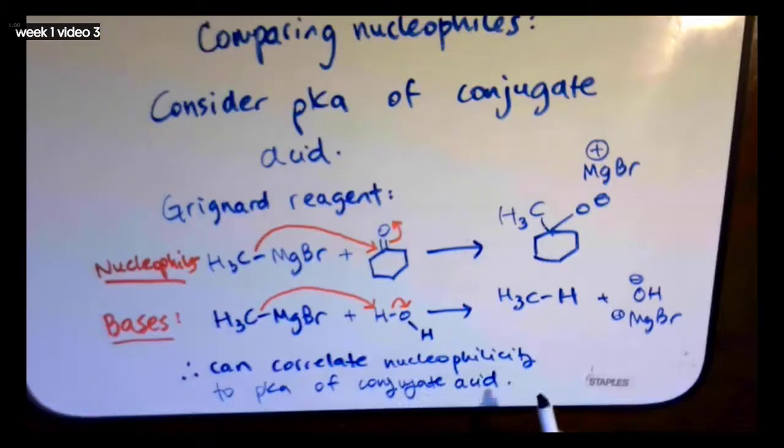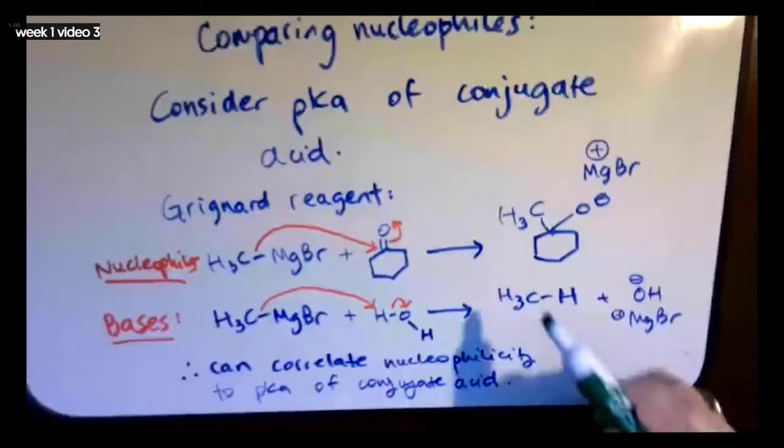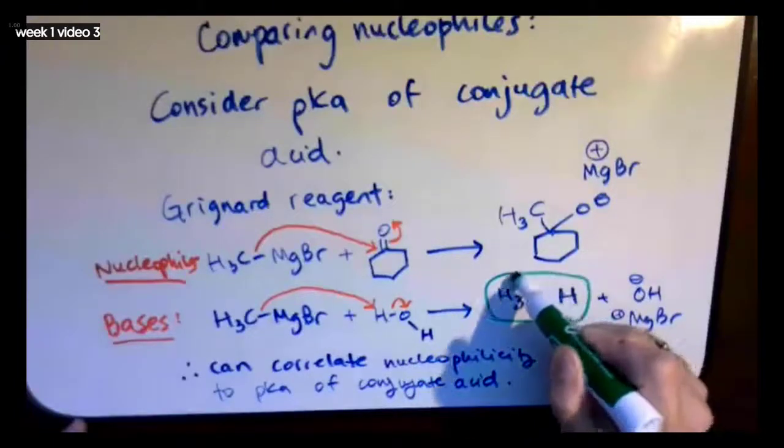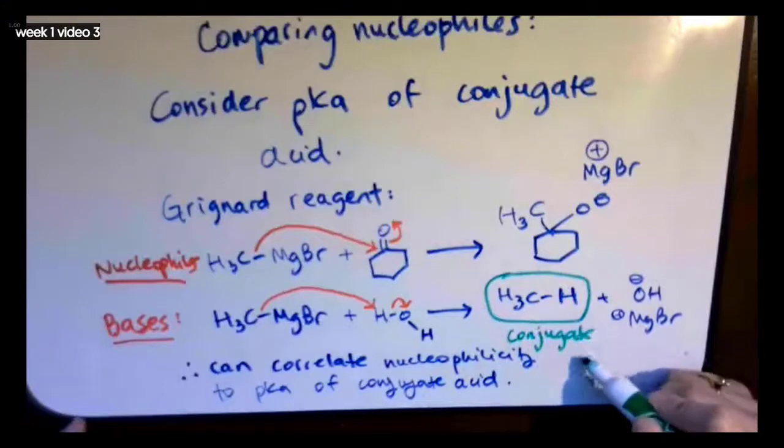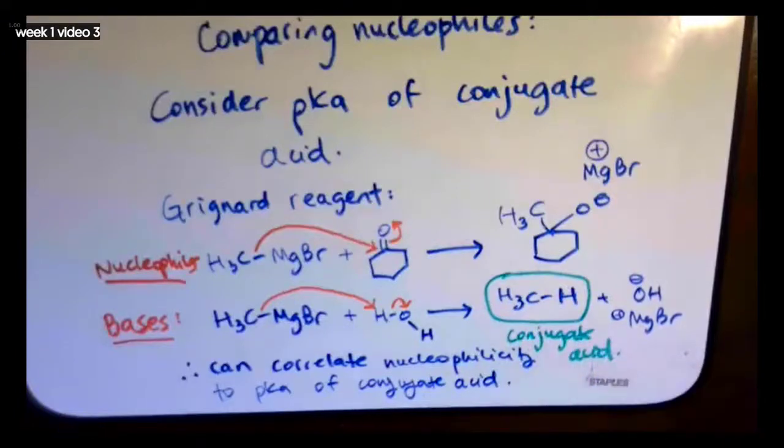In this case, with the Grignard, the conjugate acid is methane. If you wanted to compare the nucleophilicity of the Grignard reagent to different nucleophiles, you could look at them and compare their conjugate acids. So let's do that.